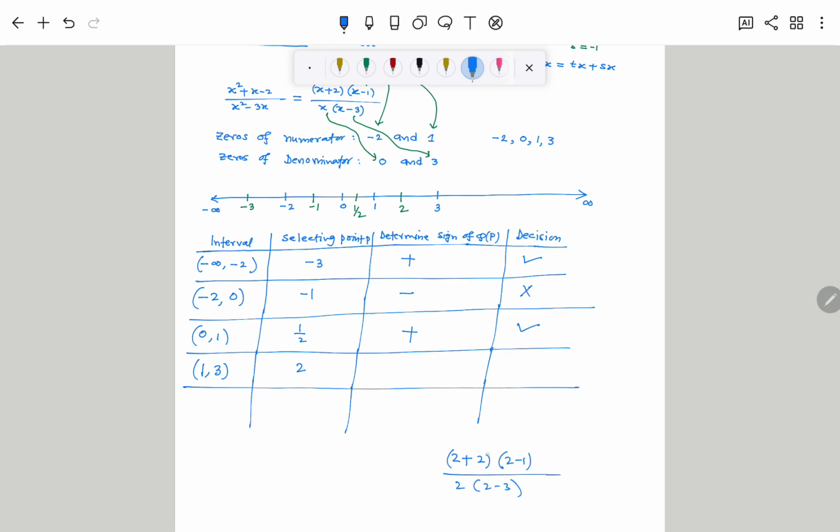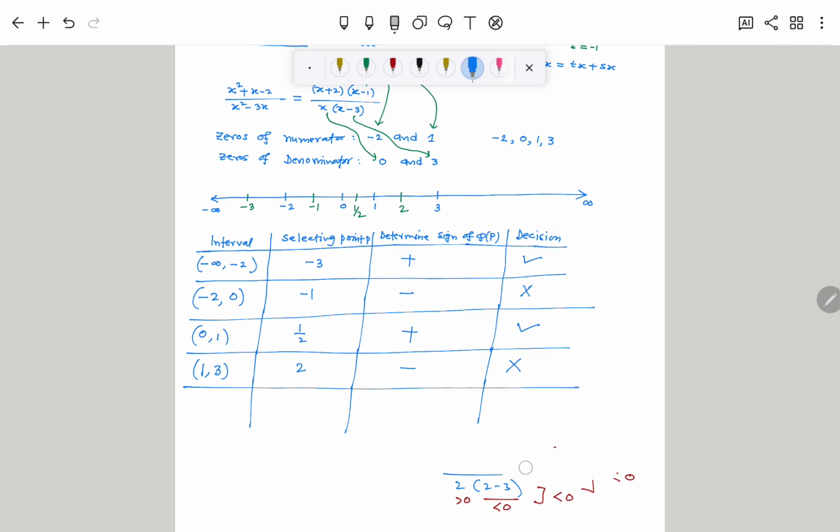So this is positive, this is positive, this is positive, this is negative. So in the numerator we get positive, but in the denominator we get negative. So the total thing will be negative. So this is negative, so this is not acceptable.